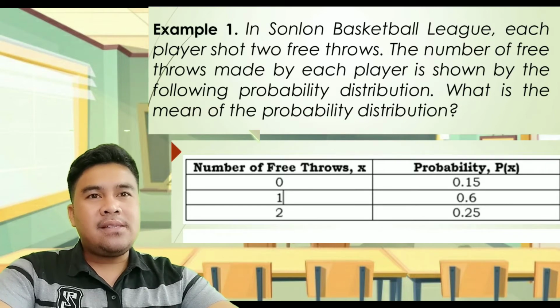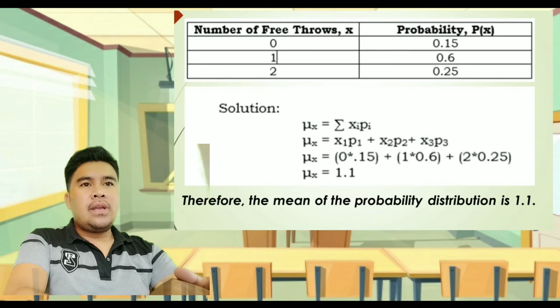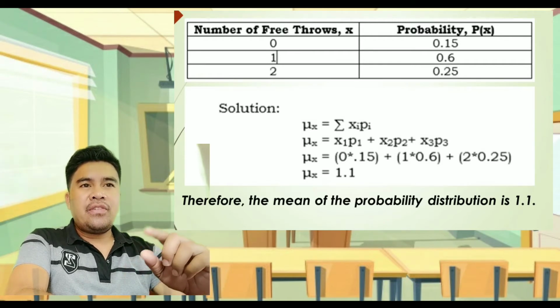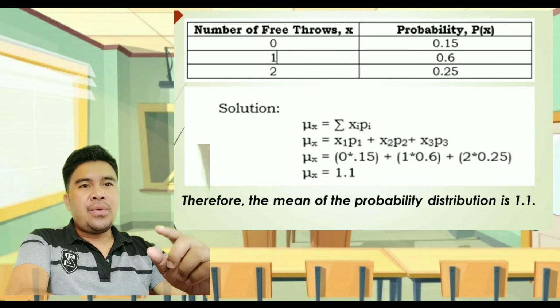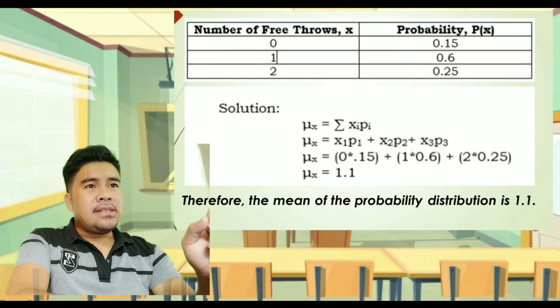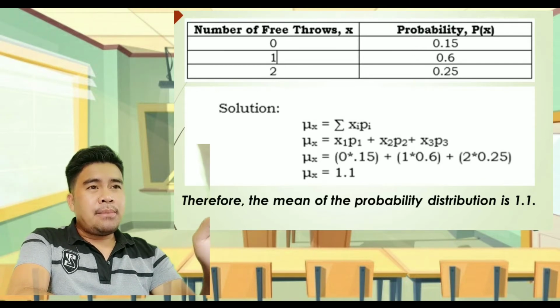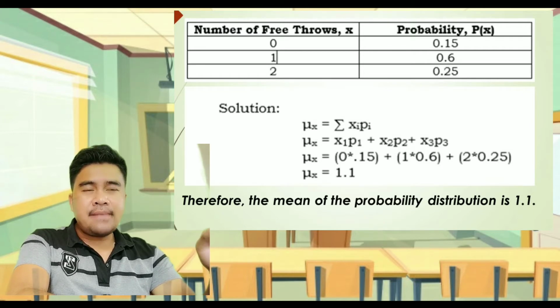So here is the solution. As you can observe, we have column 1 and 2. The first column is the number of free throws x: 0, 1, 2. The second column is the probability p of x: 0.15, 0.6, and 0.25.